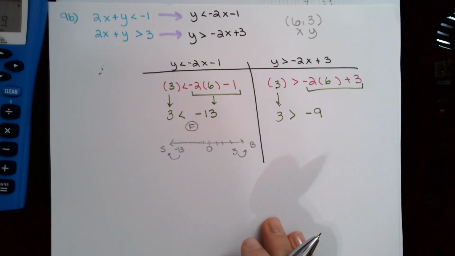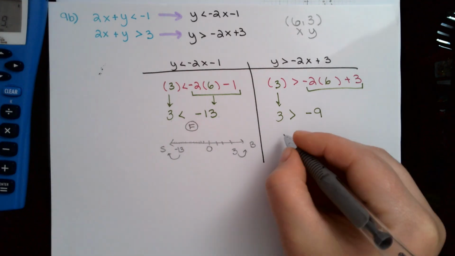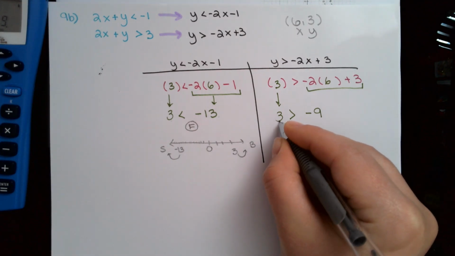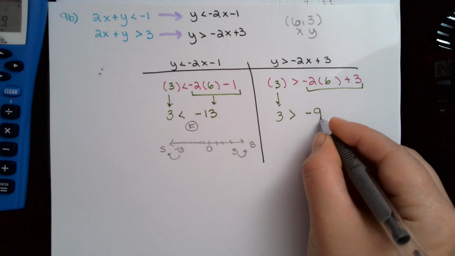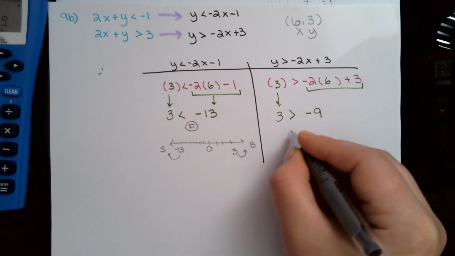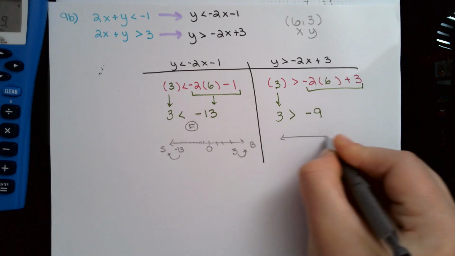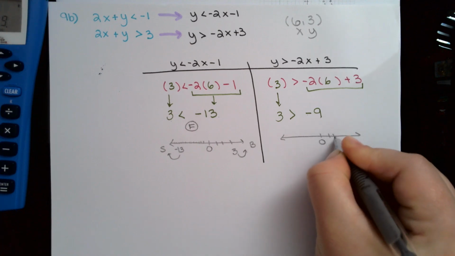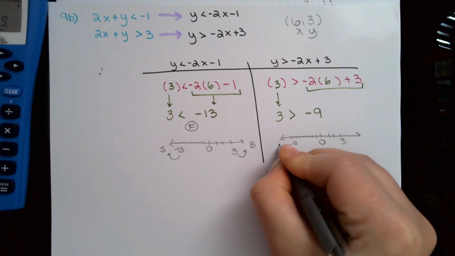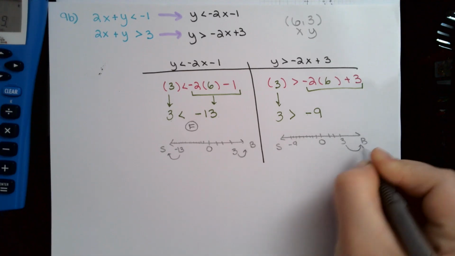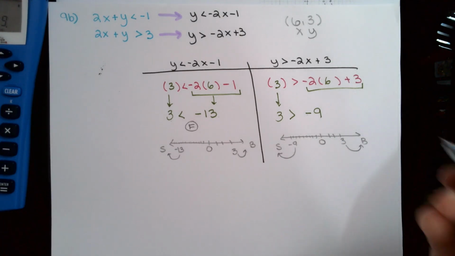Okay, what about this one here? Is 3 bigger than negative 9? Let's see. Here's 0, 1, 2, 3, 1, 2, 3, 4, 5, 6, 7, 8, 9. Here's smaller, here's bigger. So 3 is bigger, negative 9 is smaller.